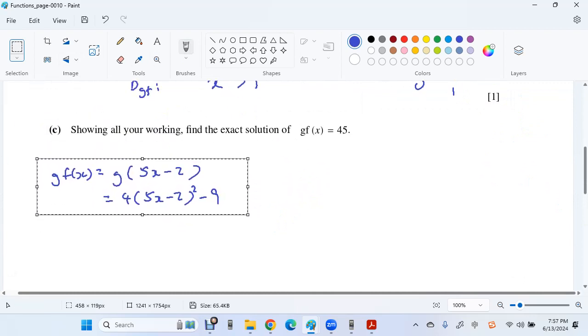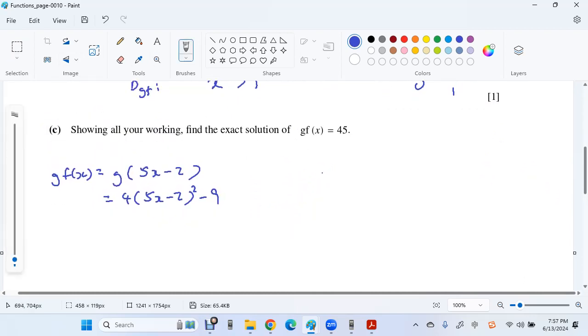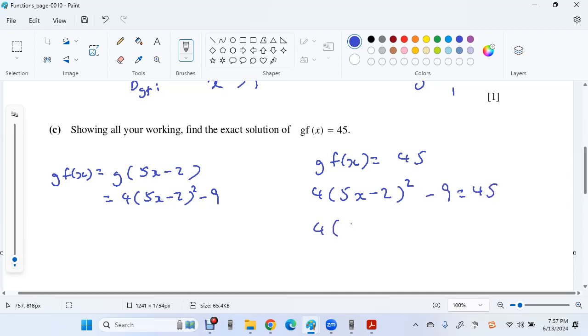I choose not to expand. If I want to expand and form a quadratic equation, also can, but I will do it like completing the square.